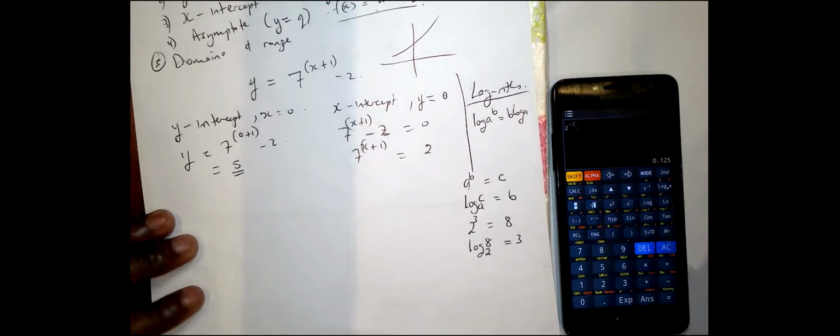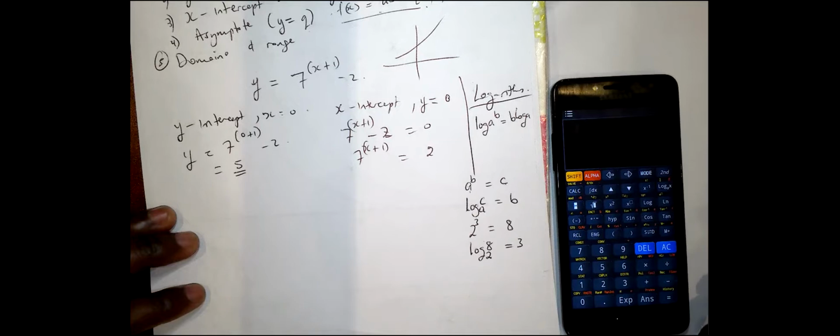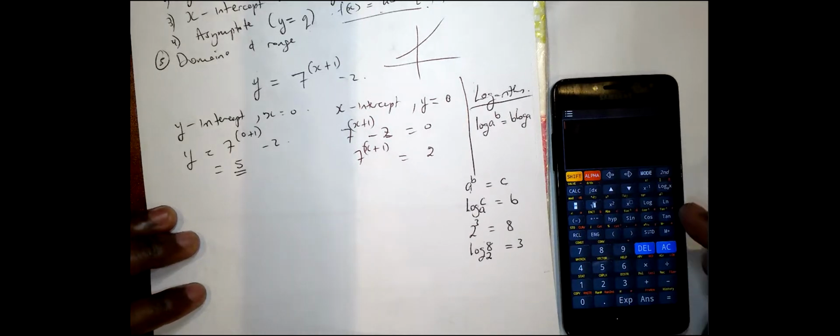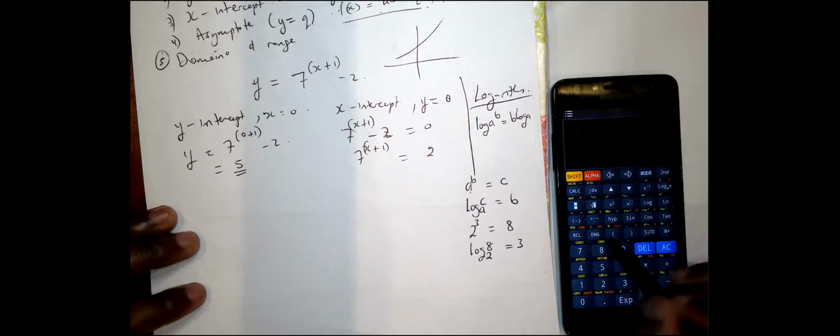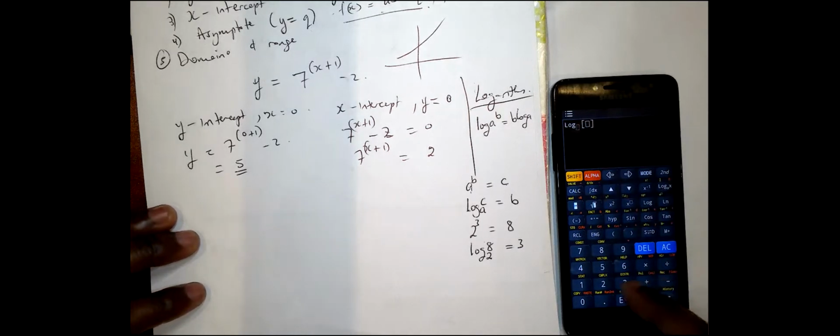Let's try to see it here: 2 cubed is 8. Then we have log base 2 of 8, and we get 3, as you can see.